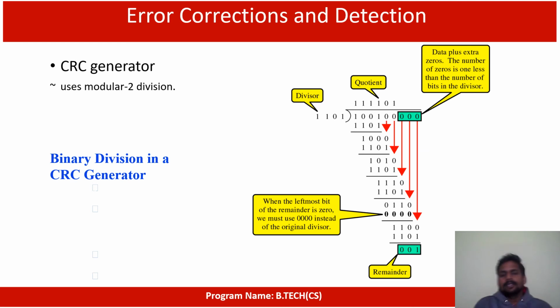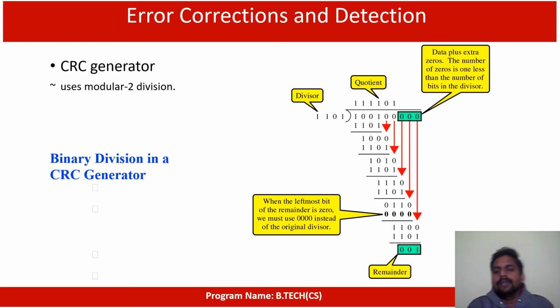Right, you see here one example I have given. 100 is the original data, and 1101 is the divisor. The first step is to add n zeros to our original data. How many bits do we need to add?